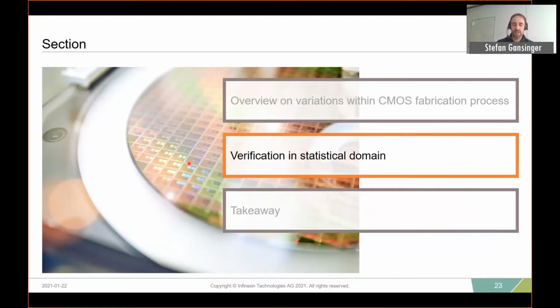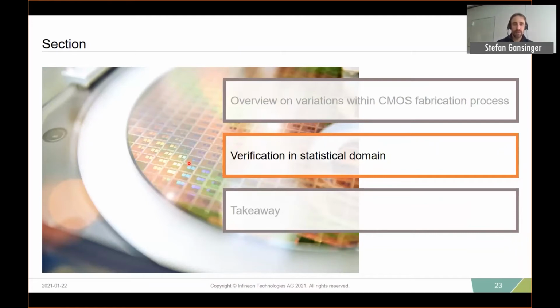Of course, we are not doing this blindly. We need to verify this before going to production. We want to ensure that all the measures we took to increase the robustness of our circuit will work out in production. To do so, we need to verify this in pre-silicon, meaning in our simulation environment.